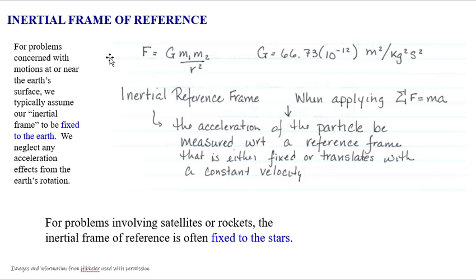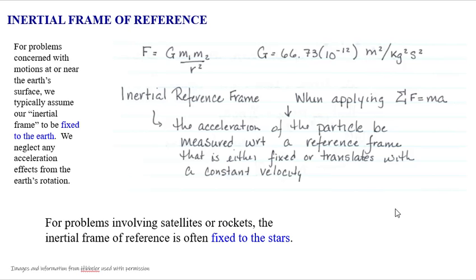That inertial frame of reference deals with my force due to gravity, and applying when F is equal to ma. The acceleration of the particle is measured with respect to the reference frame that is either fixed or translates with a constant velocity. That's why if I'm dealing with it on the surface of the Earth, I'm fixed with the spin of the Earth.